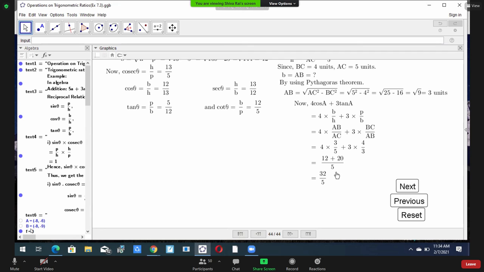So LCM is 5, divided into the numerator. So 4 threes are 12. Now you can multiply 4 with 5, with this LCM directly. It becomes 20. So 12 plus 20 is 32, 32 upon 5. So the value of 4 cos A plus 3 tan A, we are getting 32 upon 5. Are you clear? Hence 4 cos A plus 3 tan A equal to 32 upon 5.